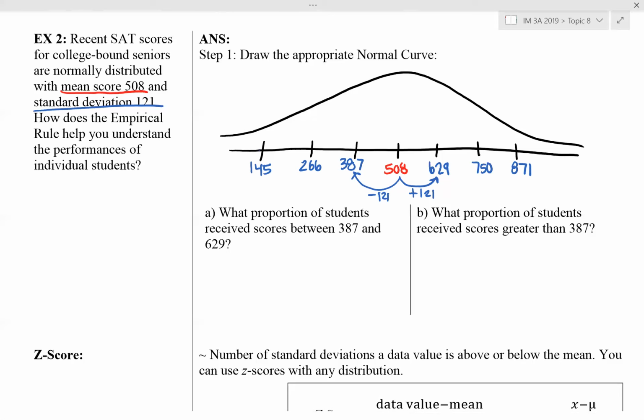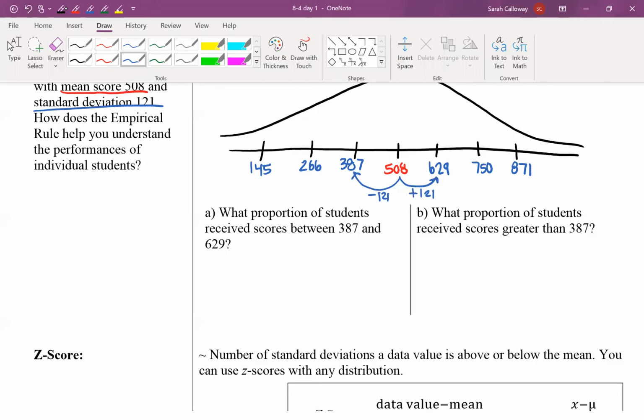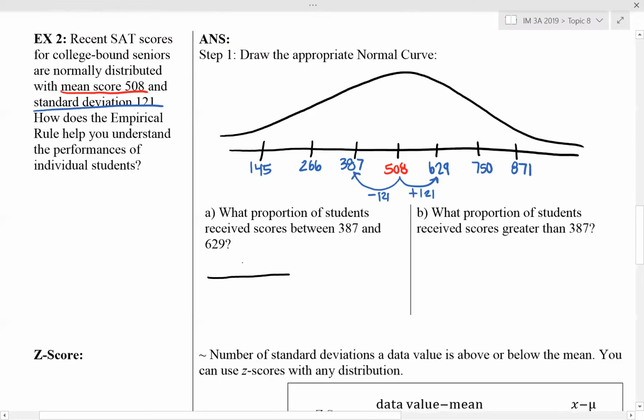What proportion of students received scores between 387 and 629? Okay, so these questions are backwards from the questions that we looked at on the last problem. The mean is 508, and 629 and 387 are one standard deviation from the mean.